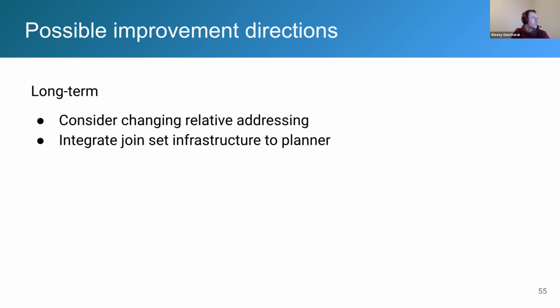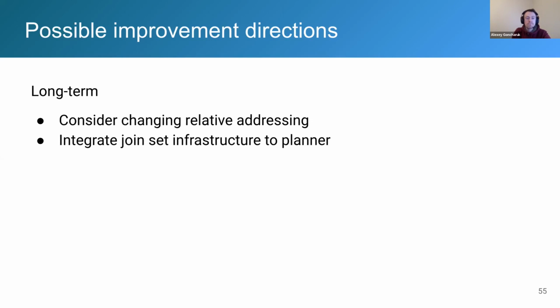So what we envision here is that in the long term, we can try to evaluate and estimate switching to, let's say, absolute addressing. I know that it was already discussed on the dev list, and currently we think that this is probably an unreachable target, but probably there are some things that we did not yet consider, which will make this change more tangible.